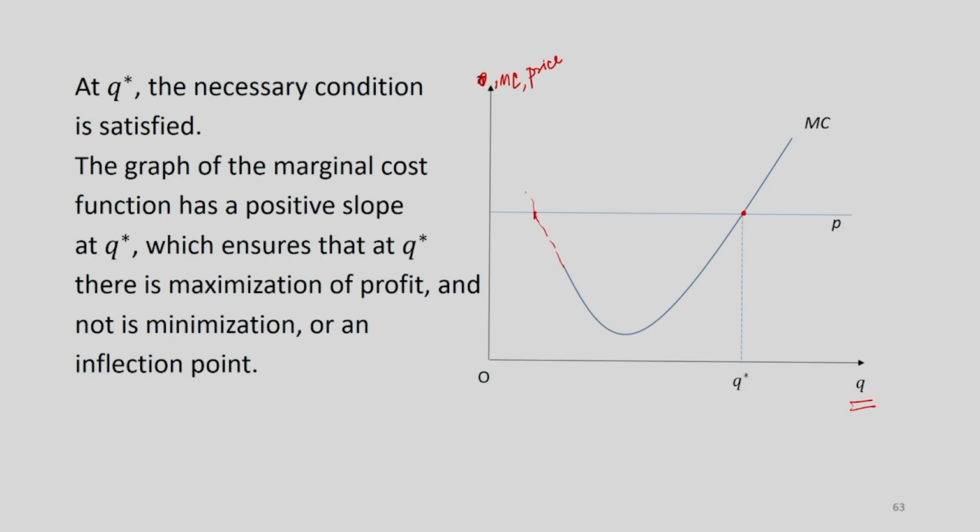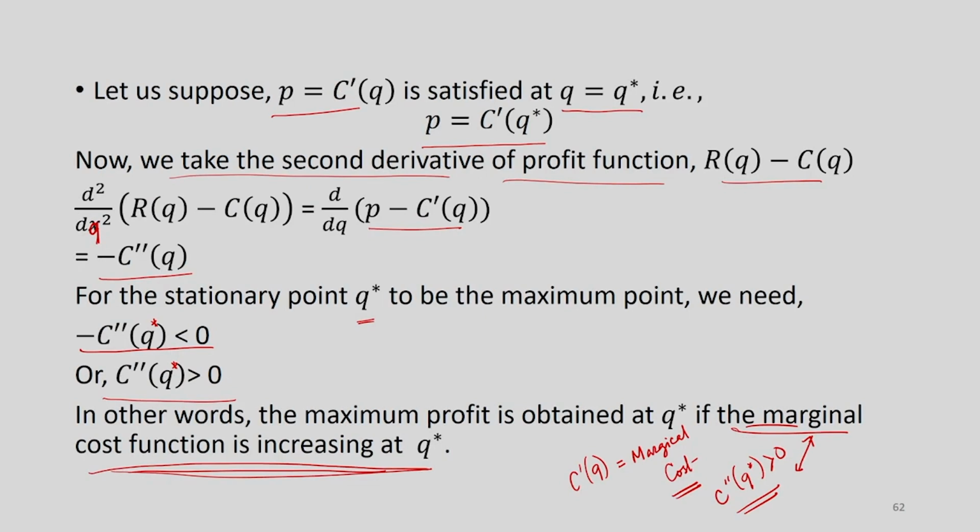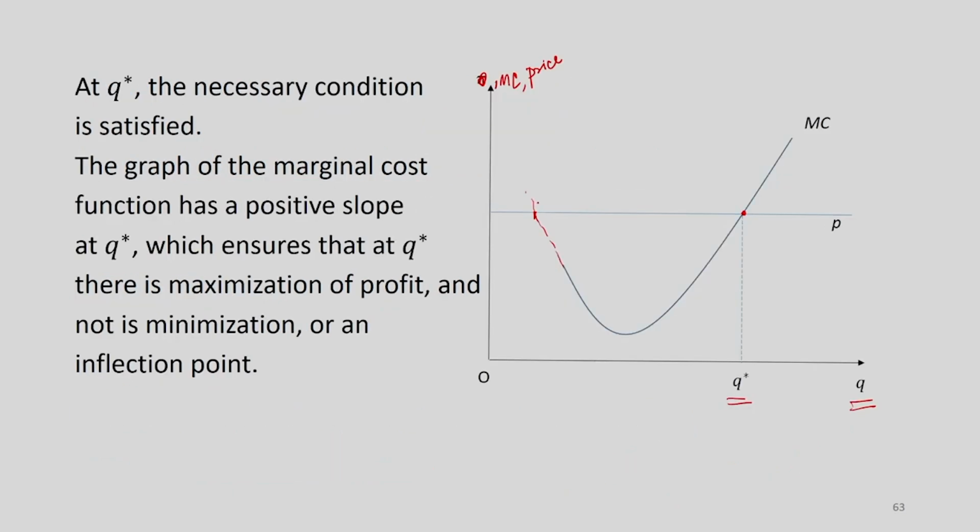Now, at Q star, the necessary condition is satisfied. Remember, in this mathematical exercise, I have implicitly said to assume that there is a single point at which the first order condition is satisfied. That means I am not considering this other point in this mathematical exposition, but in general one can think of another point of intersection here.